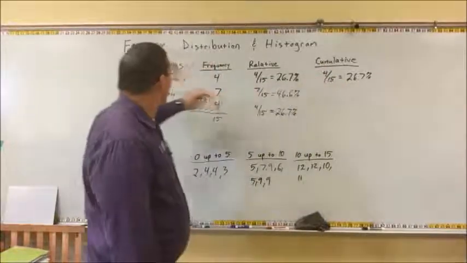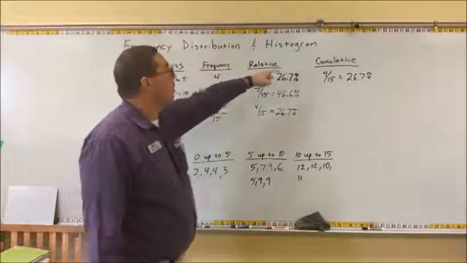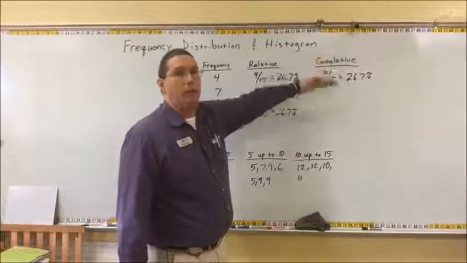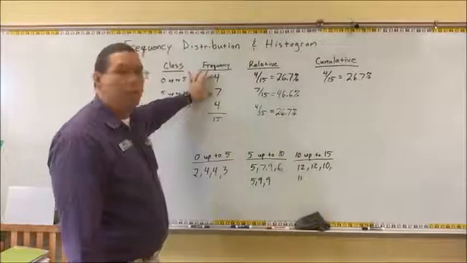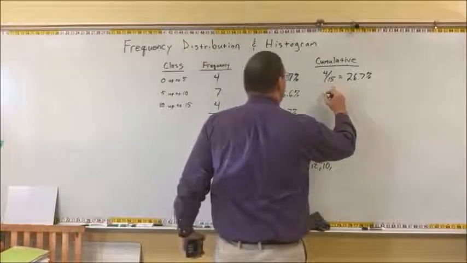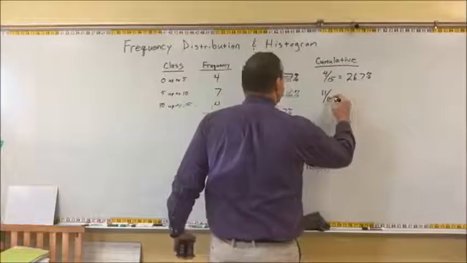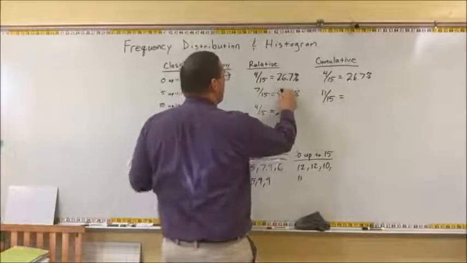So what we're doing is we're basically adding these two numbers up, okay? Because we're accumulating as we go up. So for this next one, it's the 7 plus the previous 4. 7 plus 4, that's 11. So it would be 11 out of 15. And then for that percentage, we just have to add these two percentages up.